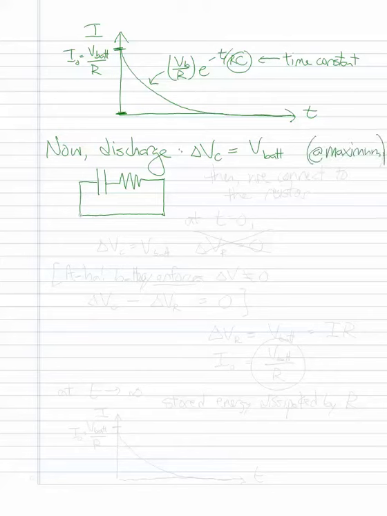And then we connect to the resistor. Okay, so now what's going on? Well, now we start off with the voltage drop. So again, t equals 0 when we do that. That means that the voltage drop across the capacitor is at its maximum. So the voltage drop across the resistor is equal to 0.